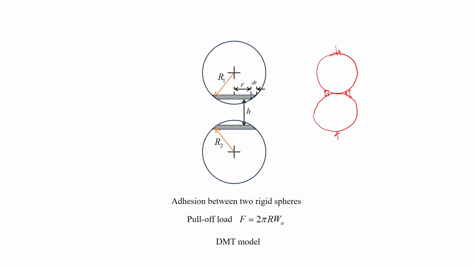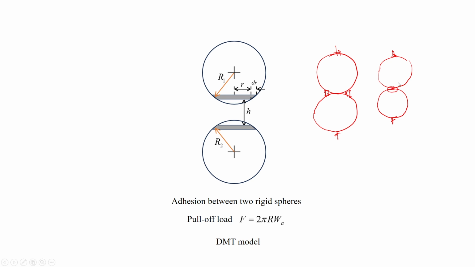In some problems the situation may be something like this: we do not have exactly rigid spheres, because of the load a finite contact area gets formed, and this finite contact area is given by the Hertz pressure.